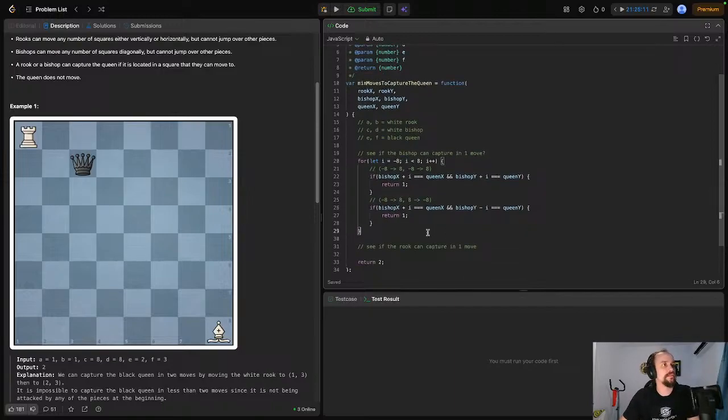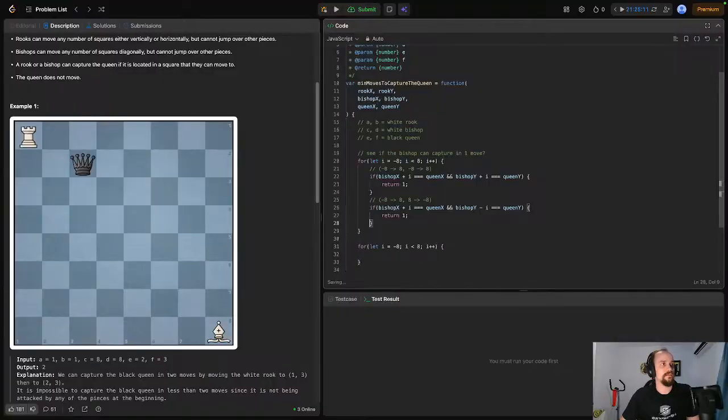So that's the bishop. We're doing the same thing. Pretty much the exact same logic here. I is -8, I is less than 8, I plus plus.